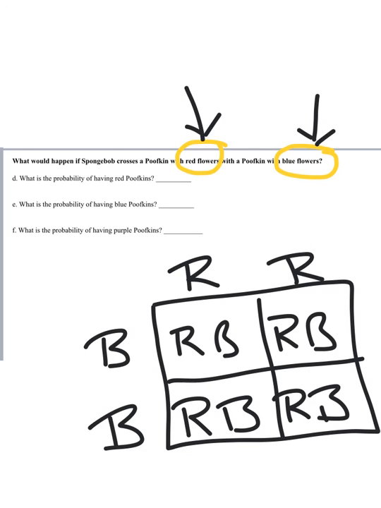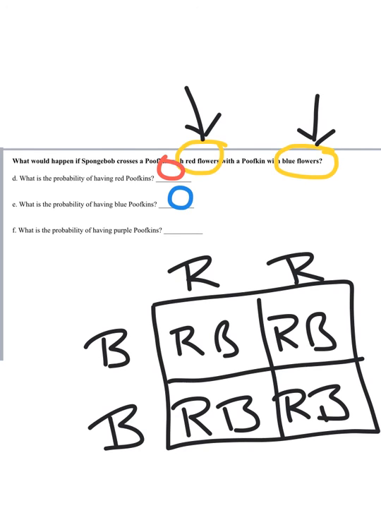So when you look at those four squares, will we have any red puffkins? Well, red is RR, and I don't see any, so that means we have a 0% chance of having red. We know, based on our previous slide, that BB is blue, and I don't see any of those, so we have a 0% chance of having any blue puffkins.